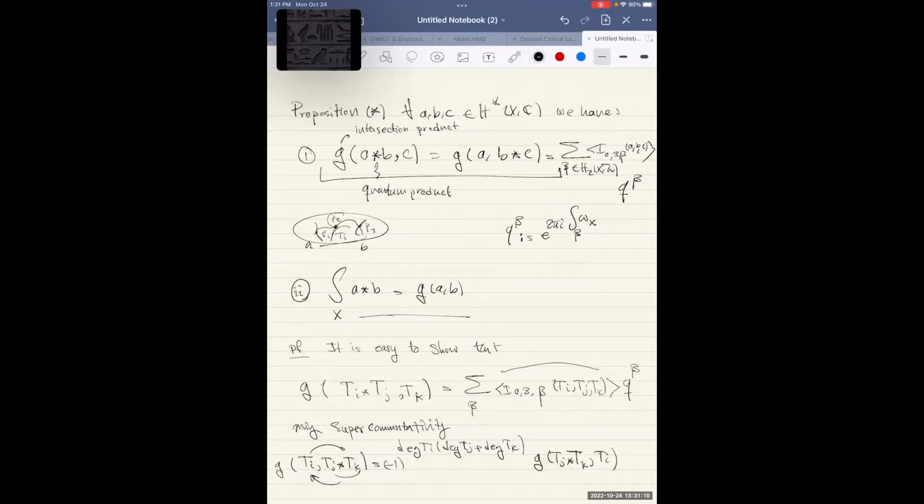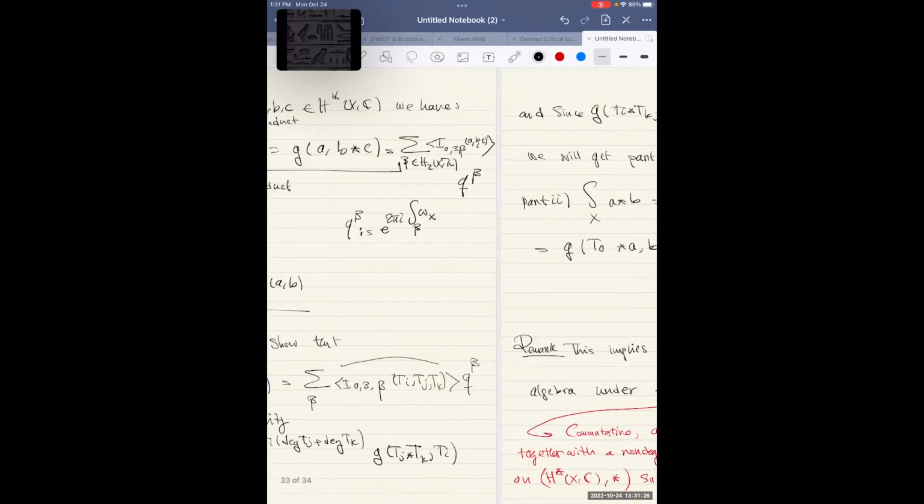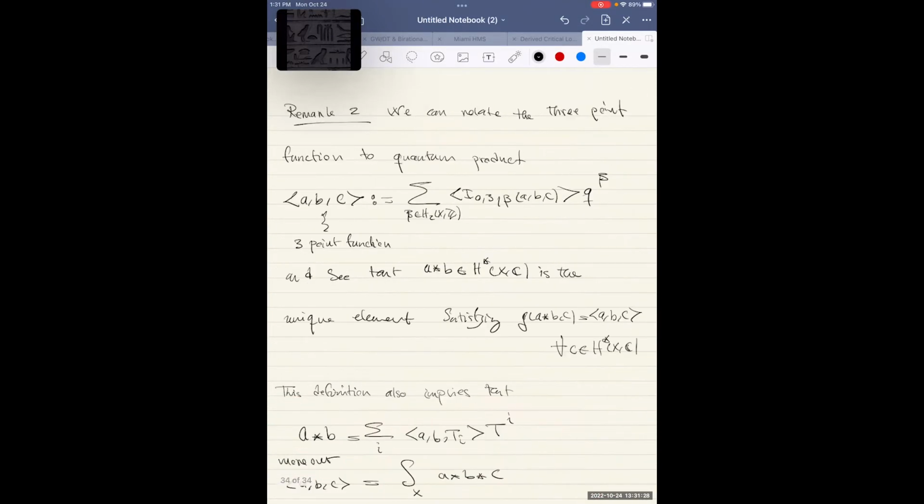But the hope is to define super Gromov-Witten invariants and define these products. The product is written in terms of Gromov-Witten invariants anyway. So it might be that I cannot define super cohomology, but I might be able to define super Gromov-Witten invariants. That's the remedy to it.